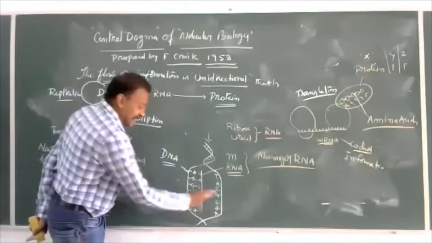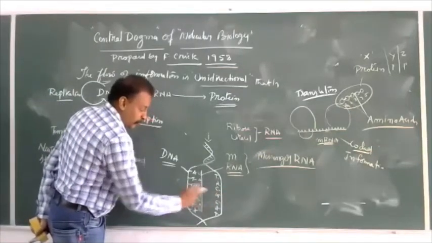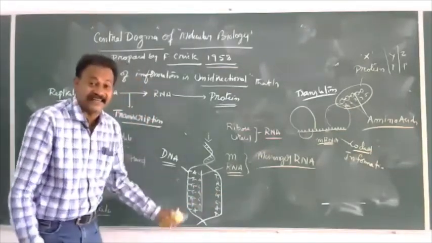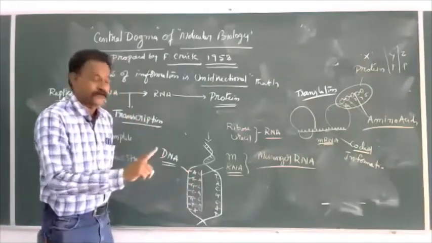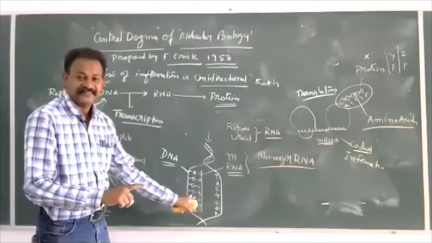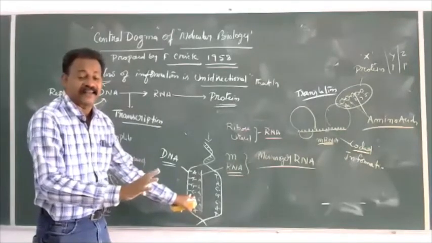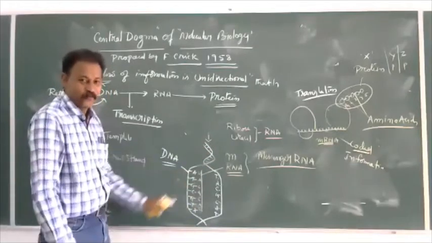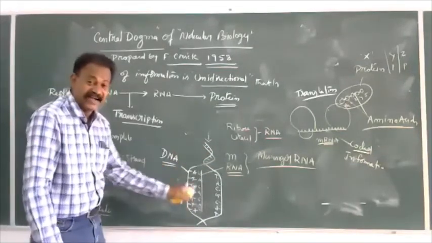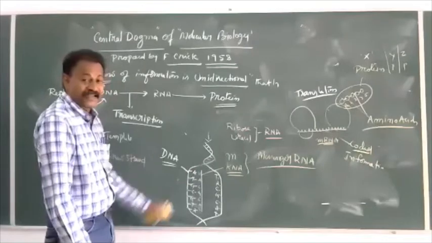Generally DNA has two polynucleotide chains, and mostly RNA has a single polynucleotide chain. In rare organisms, RNA is double stranded, with two polynucleotide chains, but generally RNA is a single polynucleotide chain.